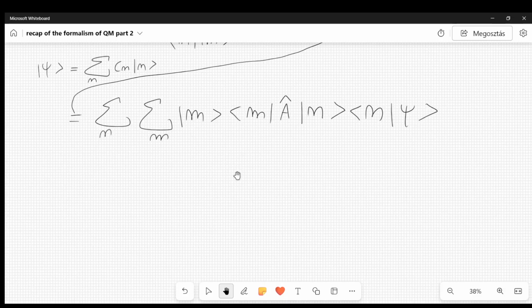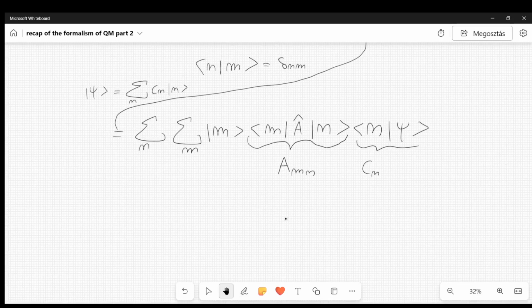And now we can change our notation, because this one here is basically a matrix that depends on m and n, so we can rewrite it as A m n. This is our notation, where A m n is the mn element of a certain operator. So you can think of A as a matrix, and this is its element. When you take the inner product between the states m and n, like this. And this, of course, is C sub n.